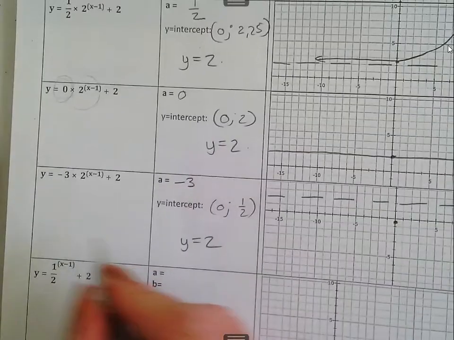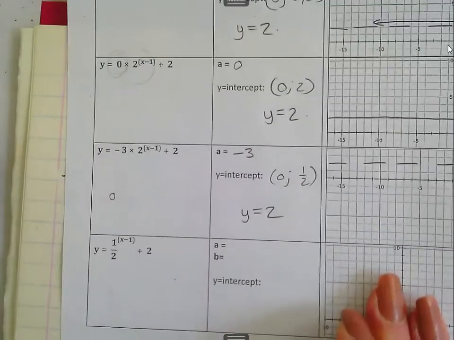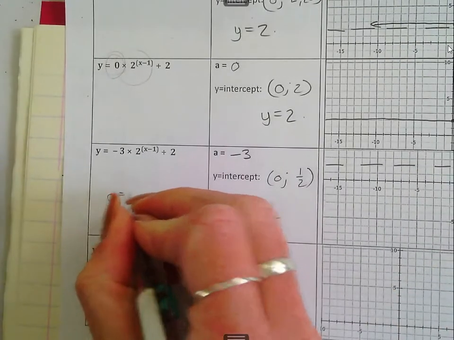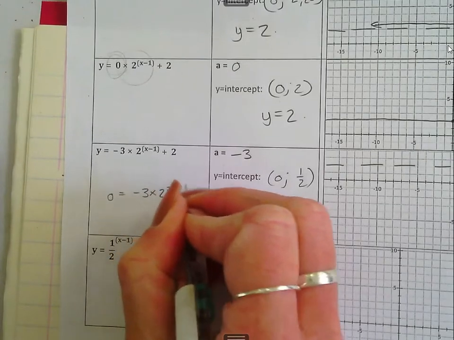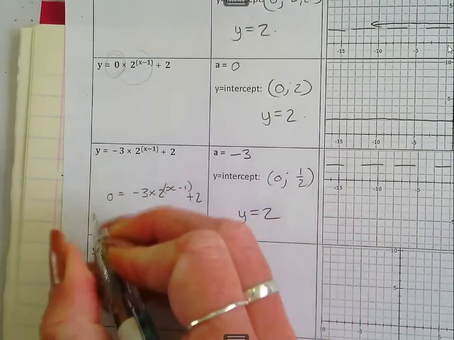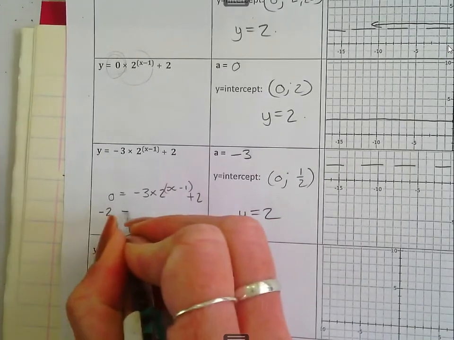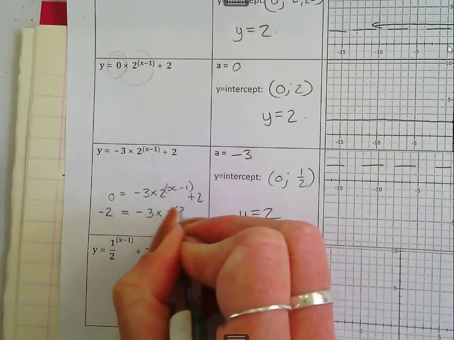I'm going to say I let y be equal to 0. I'm going to take the 2 over: negative 2 equals negative 3 times 2 to the power of x minus 1.